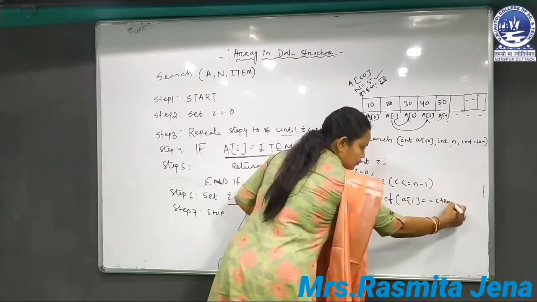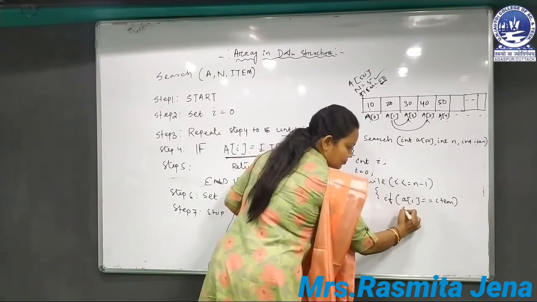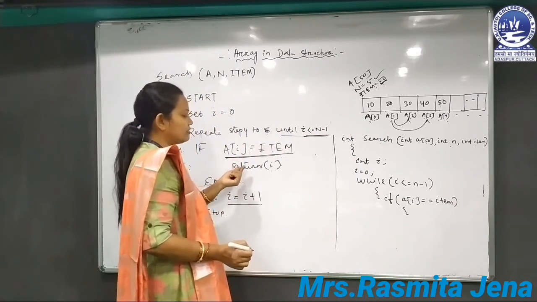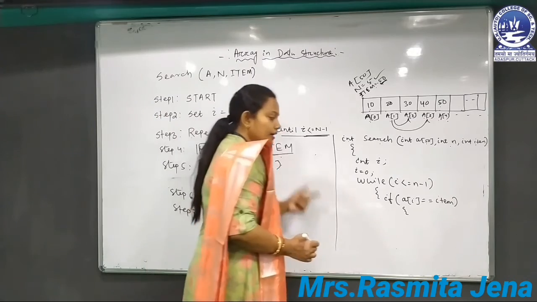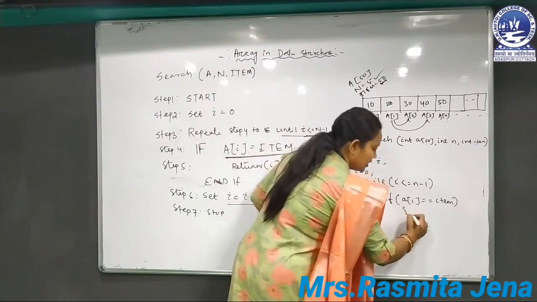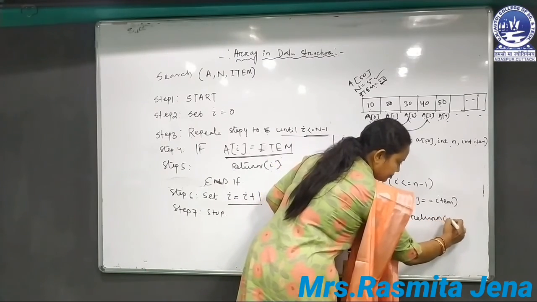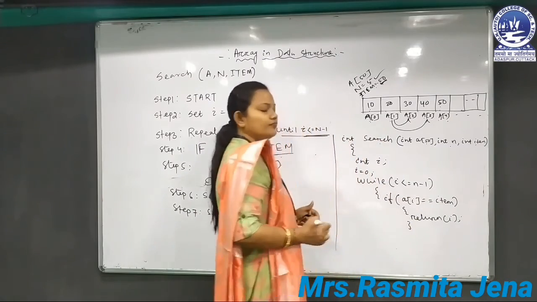This is the program implementation, that's why here I am writing equals to. If this condition is true, then within the if block I will write a return statement for returning the location where I get the searching element. Simply write return I. This is the end of the if block.